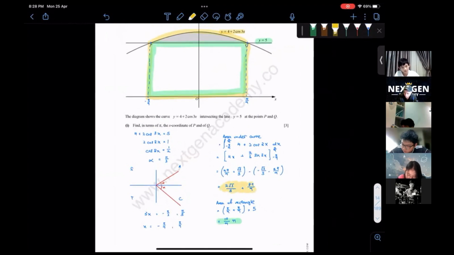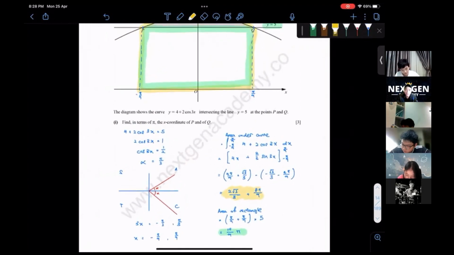Where I highlighted yellow color will be the area under the curve. Green color will be the area of the rectangle. Then what we want to do is just minus it off.